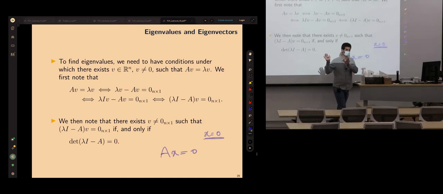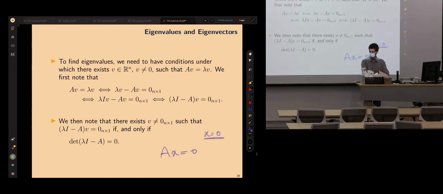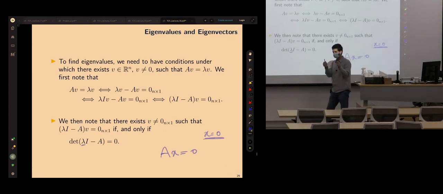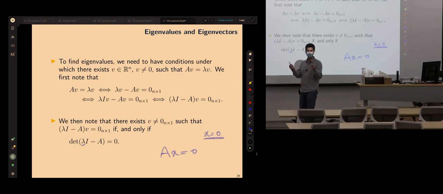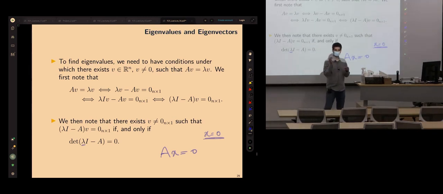That was bad at that time, but here it's to our advantage because it must be the case, and we can play with lambda, find lambda such that it makes this lambda I minus A singular, collapses that to one particular direction, and that will be our solution.